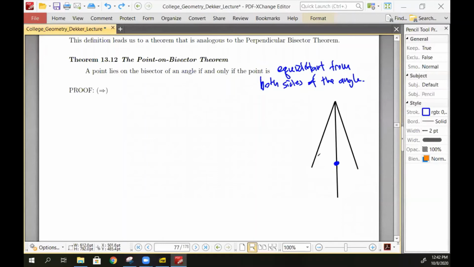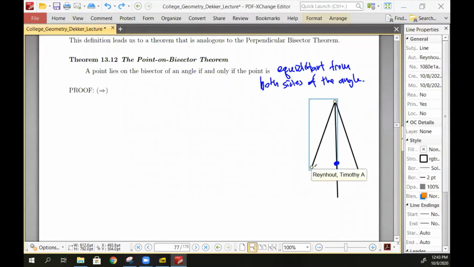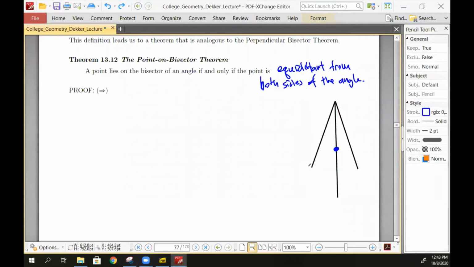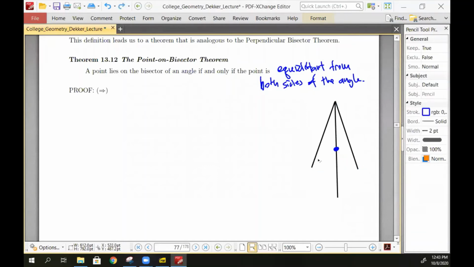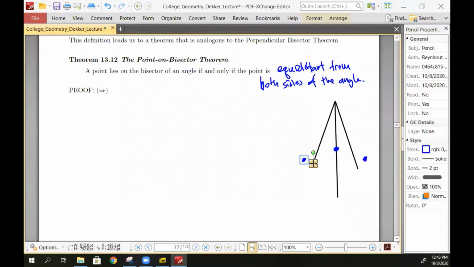So let's add some points in, and then draw the other one.